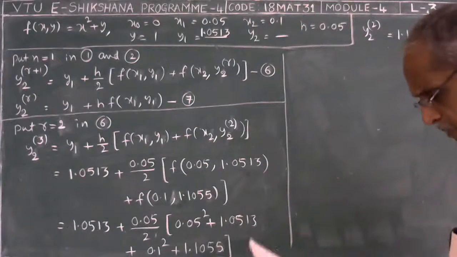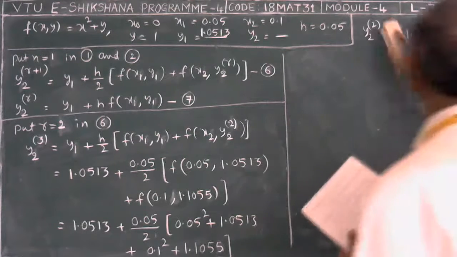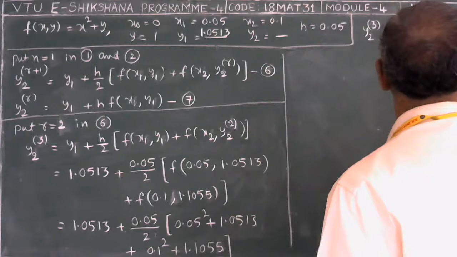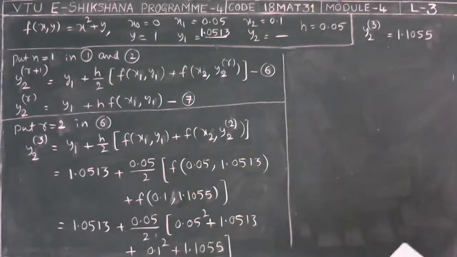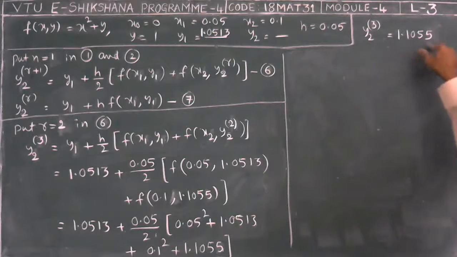If you compute carefully, y23 is also the same, 1.1055. So the second iterative value is 1.1055.